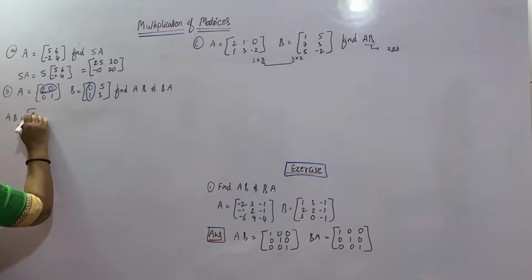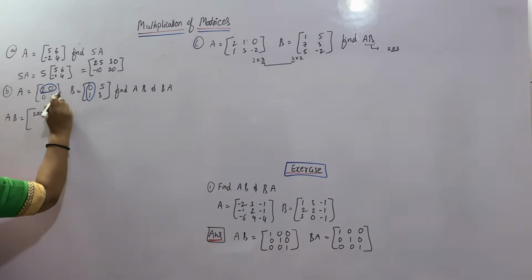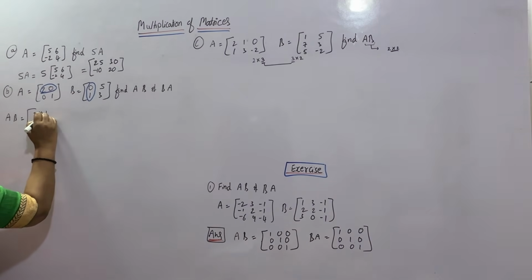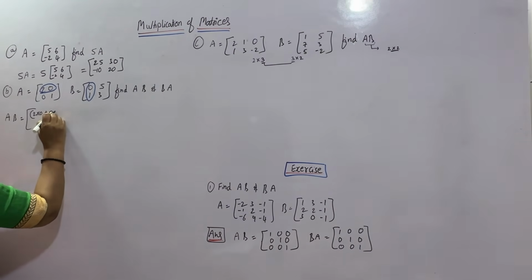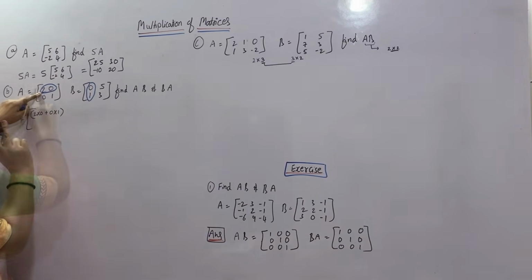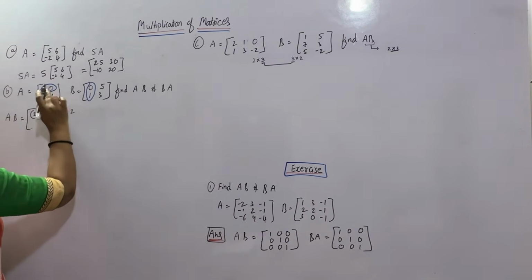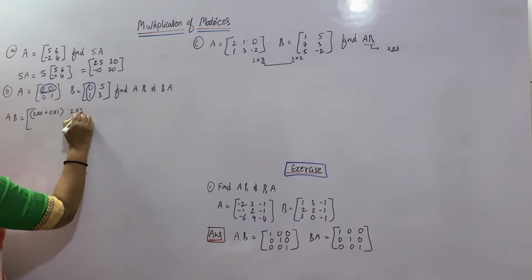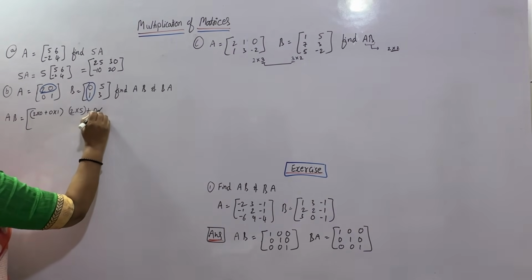2 into 0 and 0 into 1. In between we'll say plus. This is one element you got. For the second element, this row should be multiplied with this column. So, 2 into 5 plus 0 into 3.